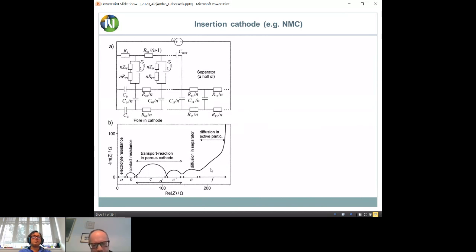Of course, in reality, you don't see this. Because why? Because some processes are actually coupled, because they have similar relaxation times, they are coupled. So instead of 3 features, for example, you will only see 1. And this is what was already shown before. But I will show you how, in some cases, this can actually be decoupled.